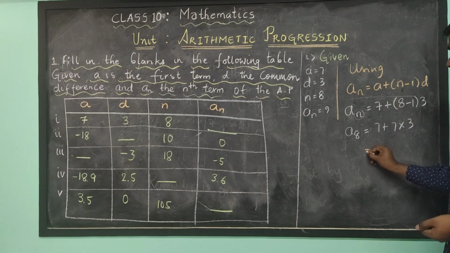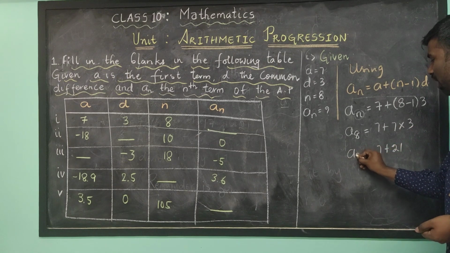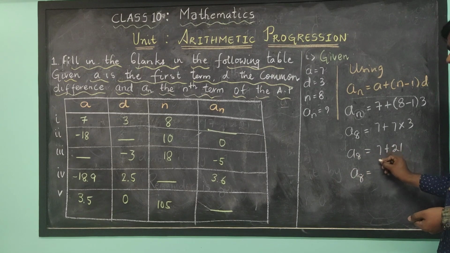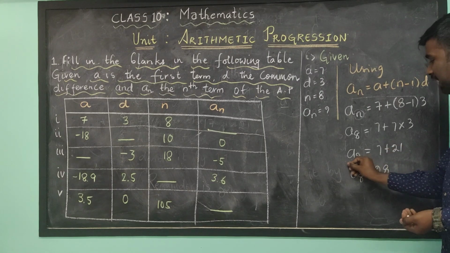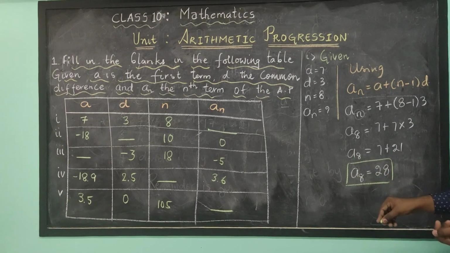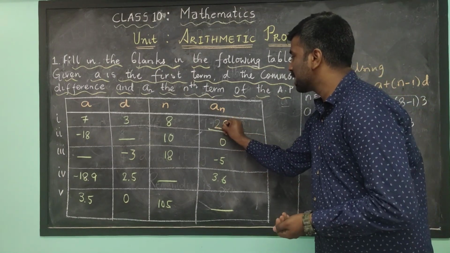Now 7 3s are 21. So an equals 7 plus 21, which is equal to 28. Therefore, the 8th term of the AP is 28. So what is an here? It is 28.